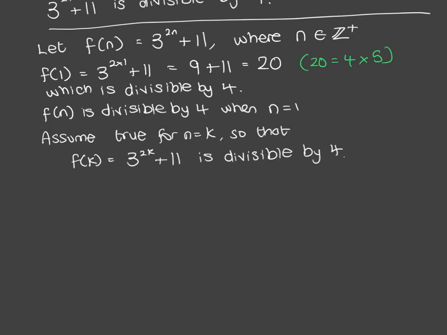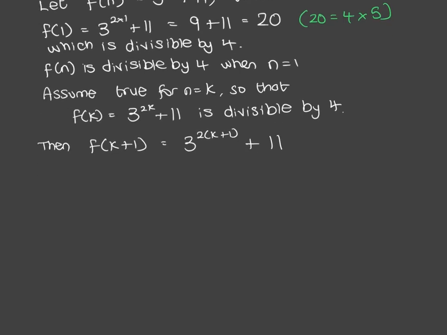So I'm going to say, well, what would happen if I wanted to find f of k plus 1? That would simply be 3 to the power of 2(k plus 1) plus 11. And here, that would be 3 to the power of 2k plus 2.